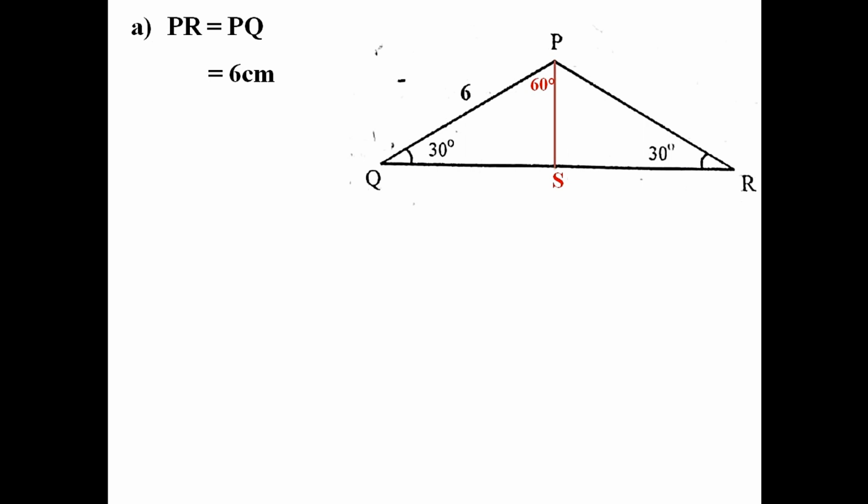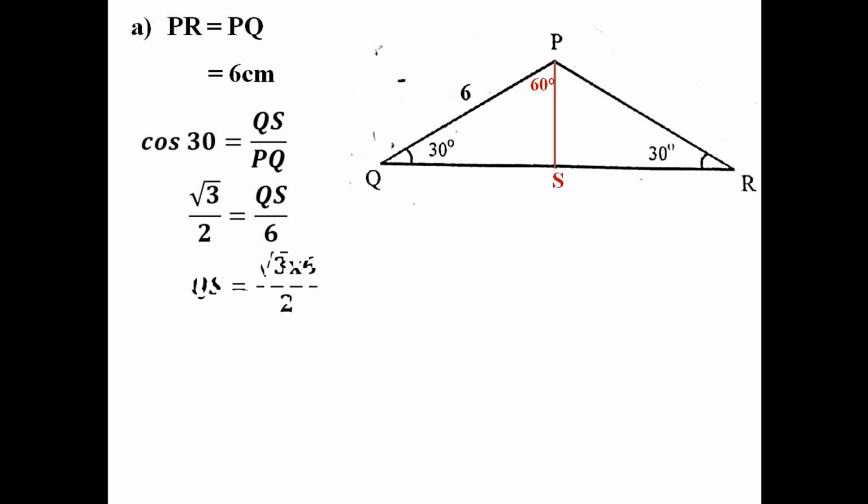So let me take cos 30, which is equal to QS by PQ. Now the value of cos 30 is root 3 by 2, and given that PQ equal to 6, replacing the values we will get root 3 by 2 equal to QS by 6. Now taking 6 on the other side, we will get QS equal to 6 into root 3 by 2. 3 2's are 6, cancelling we will get QS equal to root 3 into 3 or 3 root 3.